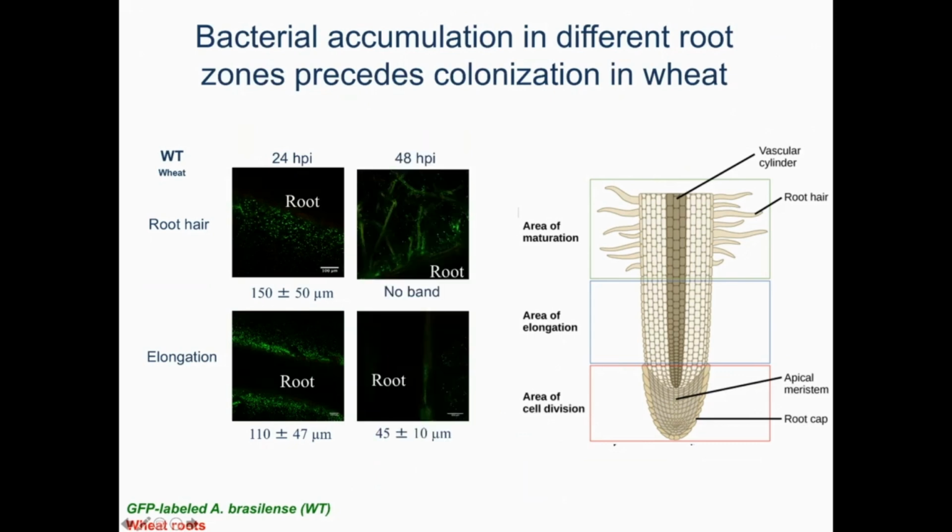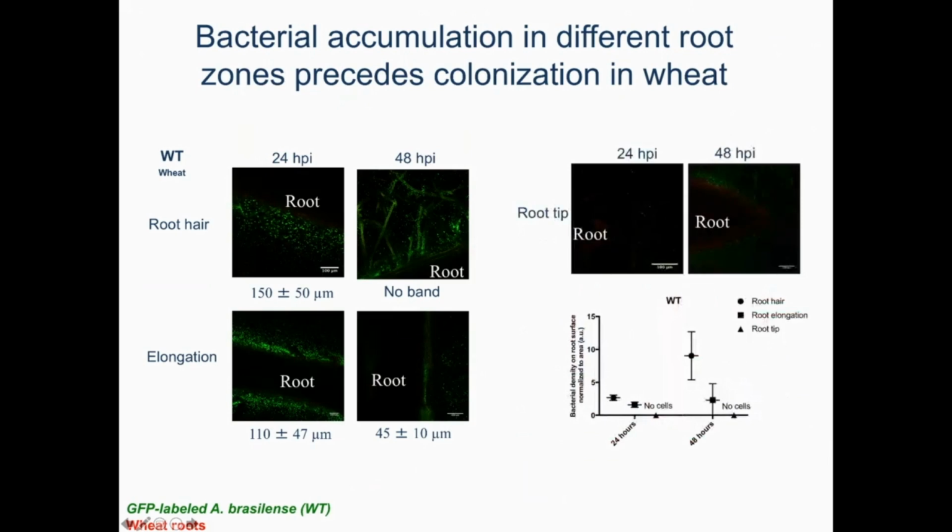When you wait another 24 hours, now the band is no longer observed, and the cells are found on the root hair. And you can see now also they are found on the root elongation zone.